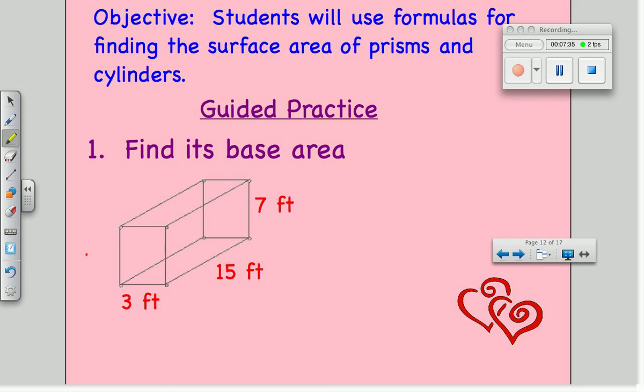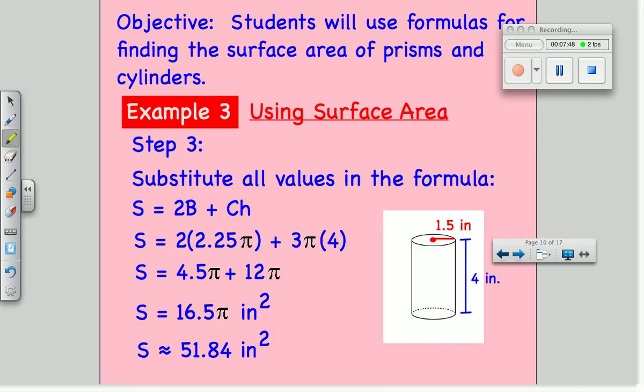First thing I want you to do is copy the problem and write the formula. Surface area is, let me go back for you guys just so I can show you what I'm doing here.